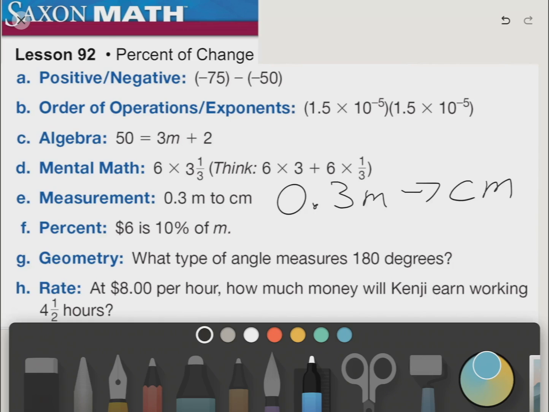So we can take this and think that we are multiplying it, and that gets us to 30 centimeters.